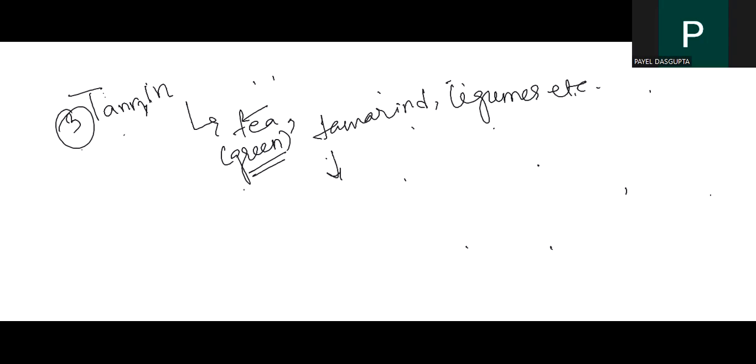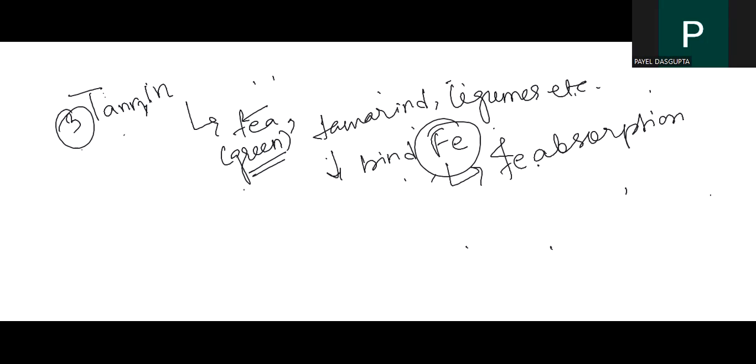What they do is specifically bind with iron and interfere in iron absorption. They also bind with proteins, but mainly it is iron absorption, and reduce their availability. So this is about tannin, the sources and what they do.